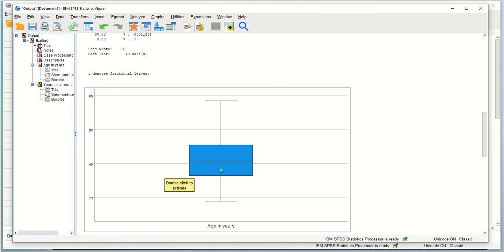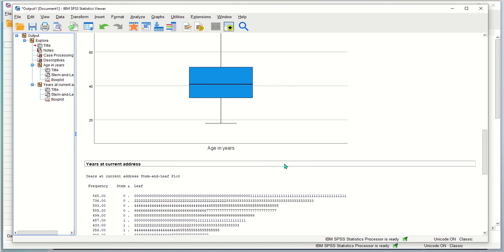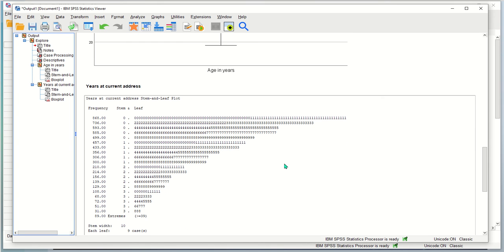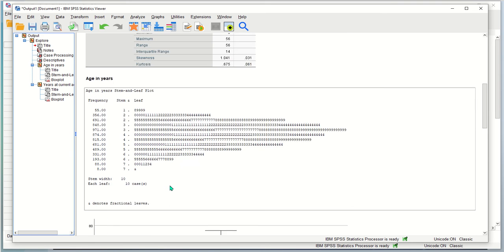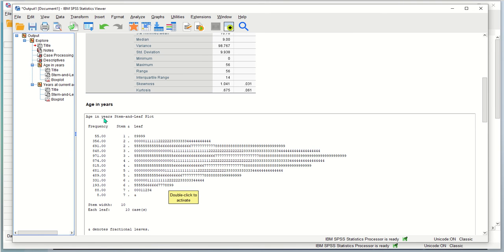This line in the middle represents the mean of scores. And the years at current address, you'll notice it looks quite different from the stem and leaf plot for the age. If you turn this right side up, this would look like a normal bell curve, correct?